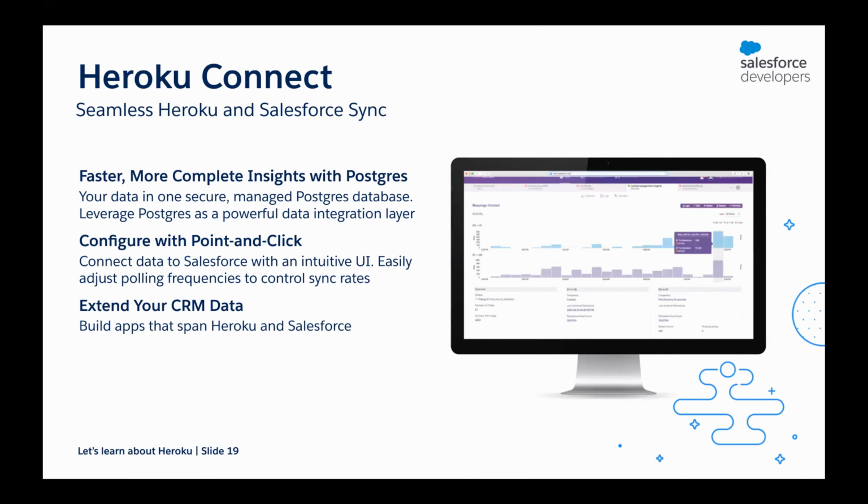And with Heroku Connect, you also have support for external objects. So if you already have tables in Postgres, let's say you have a third-party application that you have running on Heroku, or your company bought a CMS or some different system that is using PostgreSQL to store the application, and you want to have that data available in Salesforce, you can do it by enabling the external objects.